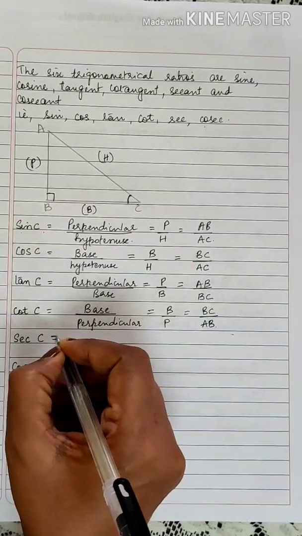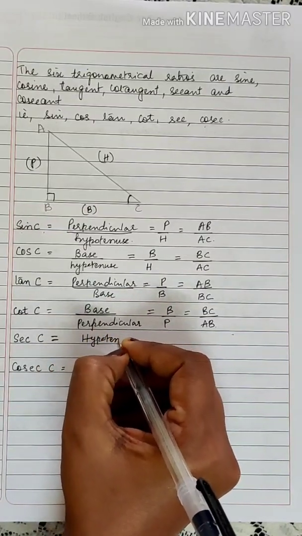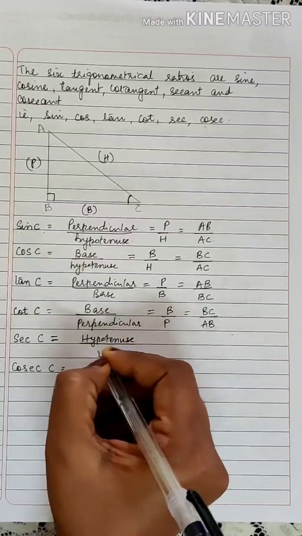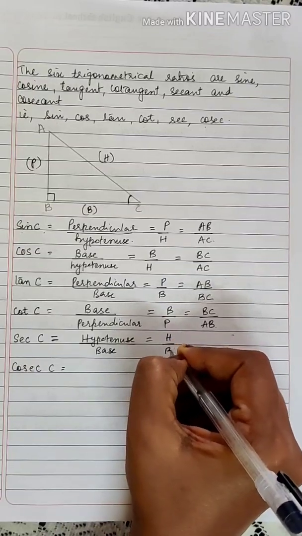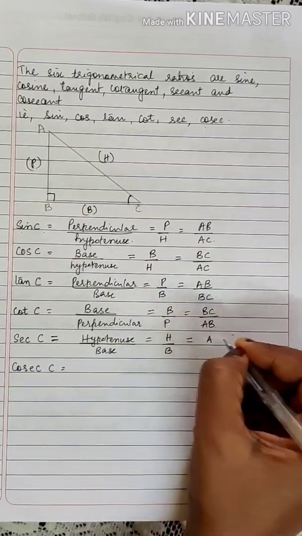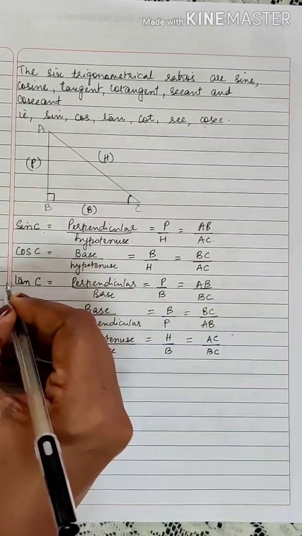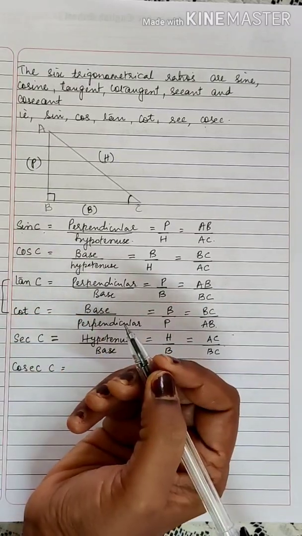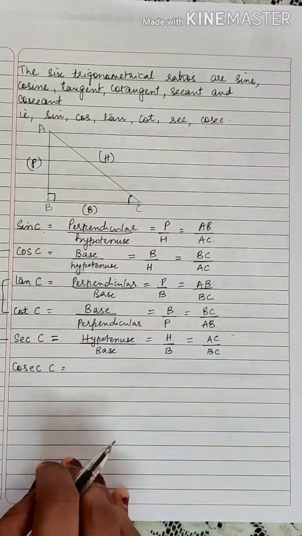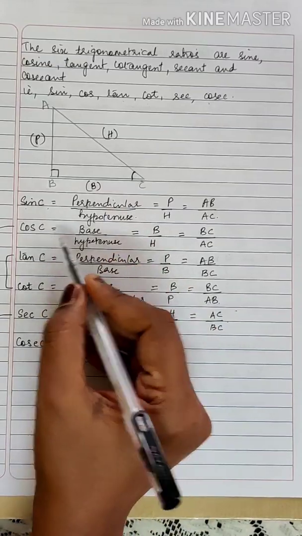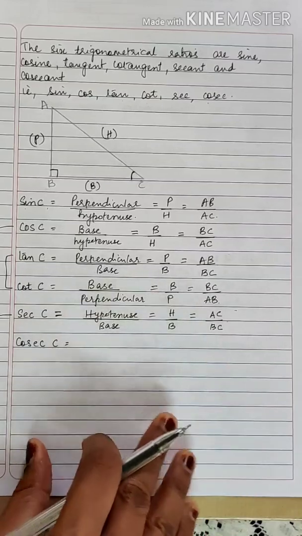The next, secant C. Secant C is given by hypotenuse by base, that is H by B. Your hypotenuse is AC and base is BC. If you see, tan C and cot C are reciprocal of each other. Cos C and secant C are reciprocal of each other. Observe here, cos C is base by hypotenuse, secant C is hypotenuse by base.